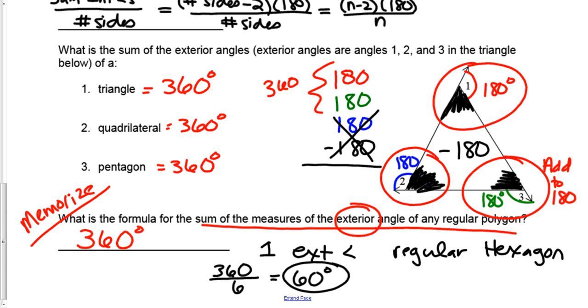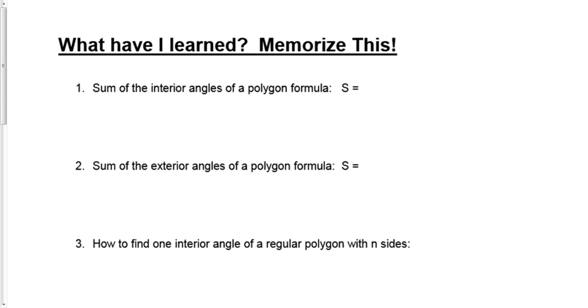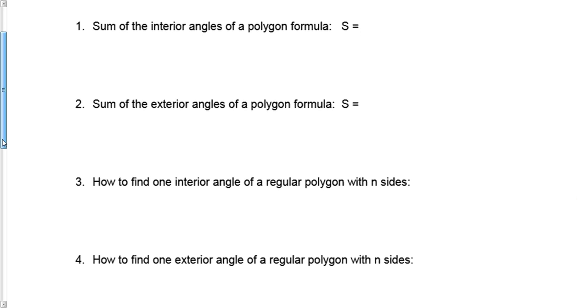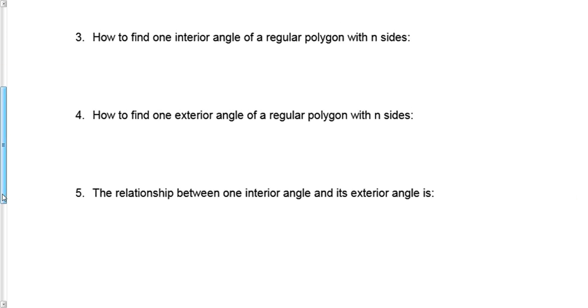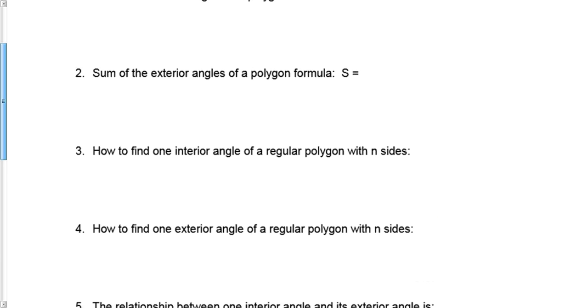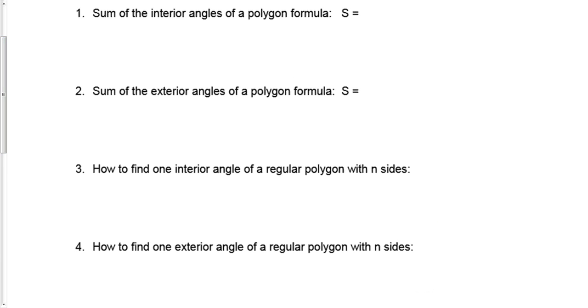So if you go to the next page, I'm going to scroll down to number 5. The relationship between one interior angle and its exterior angle is they add to 180. Now, what I'd like you to do right now is pause the video, and I want you to complete 1 through 4, please. So pause the video now.